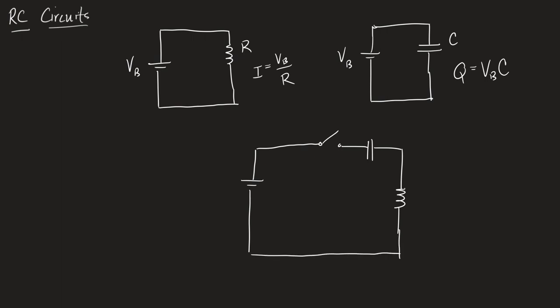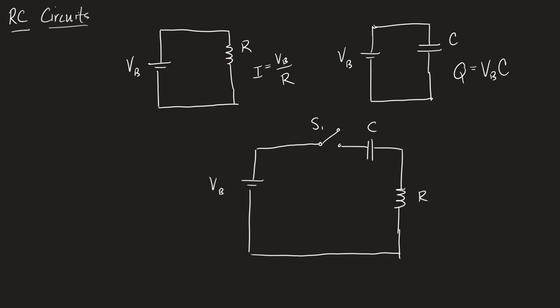Same resistor, same capacitor, same battery. Closing the switch represents T equals 0. On an uncharged capacitor, when we close the switch, we generate a current. But that current changes over time.